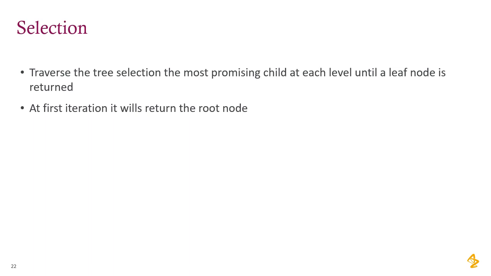And at the first iteration, it will return the root node, and that's where we are in our algorithm at the moment. You saw at the start here that we just instantiated the Monte Carlo search tree class, and then we called the one iteration. That's where we are now. So the selection phase has returned our root node.